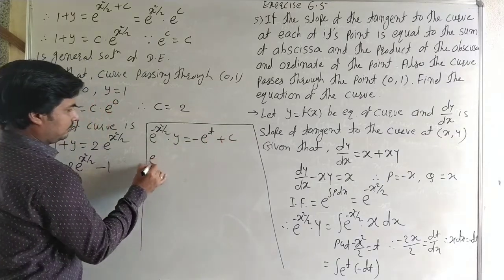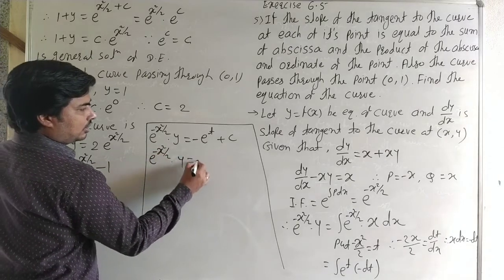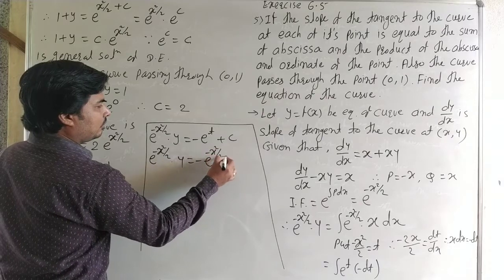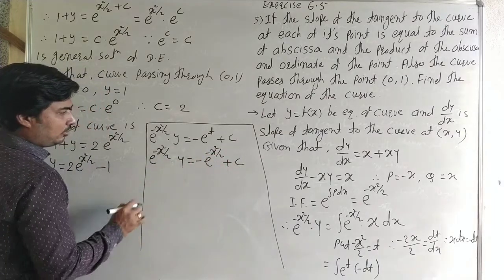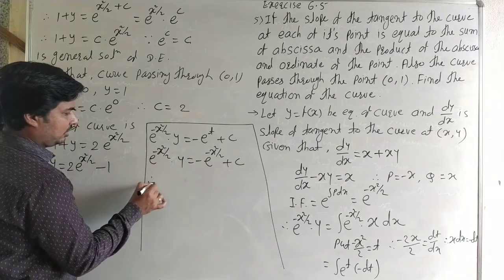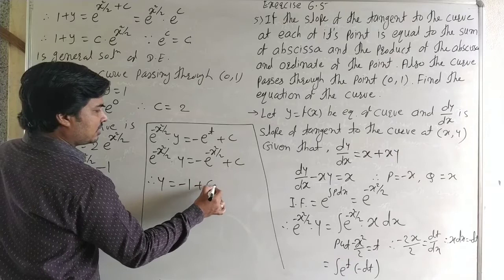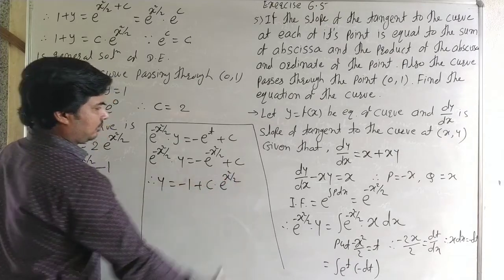Put the value of t: it is e to the power minus x square upon 2 plus c. Then dividing throughout by e to the power minus x square by 2, we get y is equal to minus 1 plus c into e to the power x square by 2.